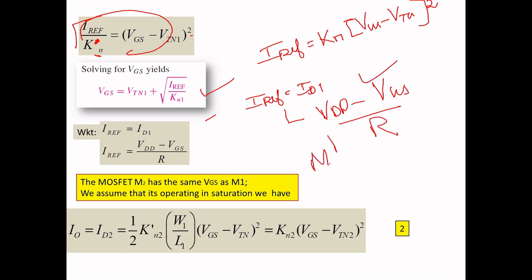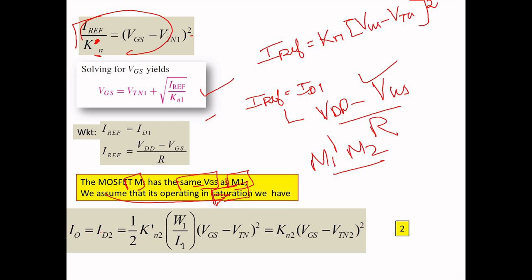When you consider both M1 and M2, the MOSFET M2 has the same VGS as M1. So M2 was driven by M1 with the same VGS. We assume that it is operating in saturation.